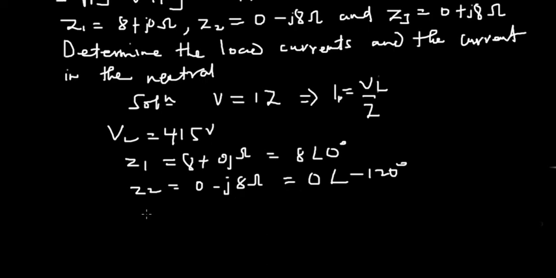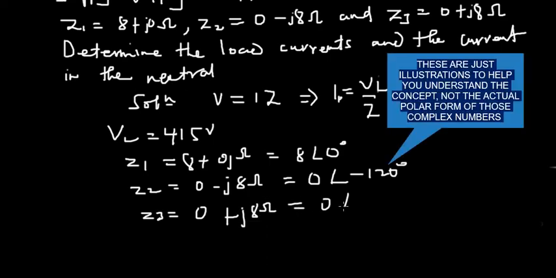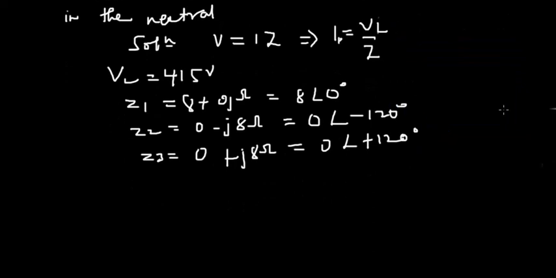These are just representations. Then Z3 is 0 plus J8 ohm, something like 8 with an angle of positive 120 degrees. So let's proceed. We already know this formula, but we have to find IP and VP.